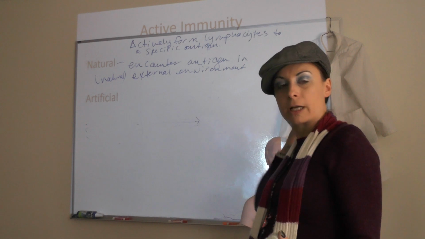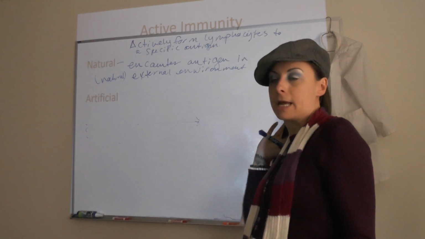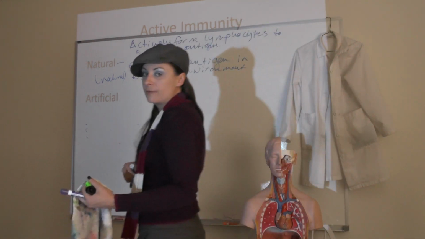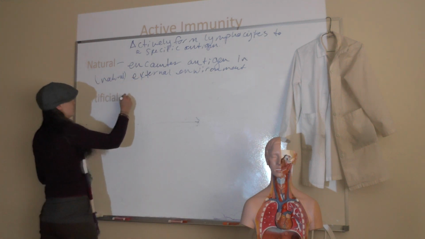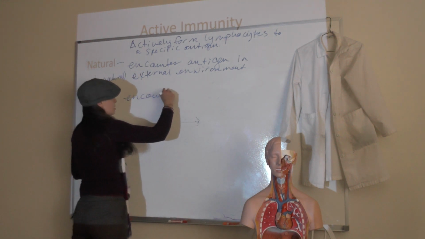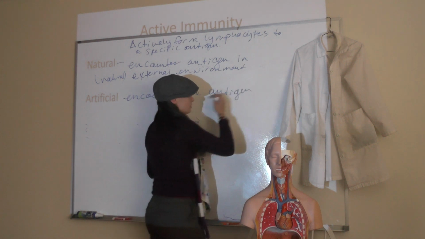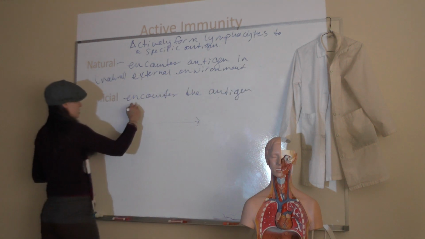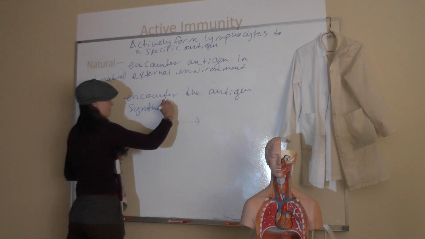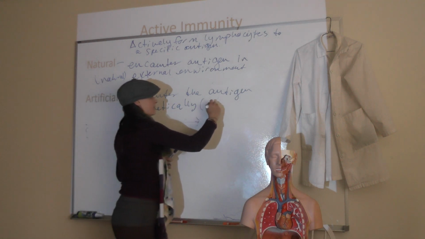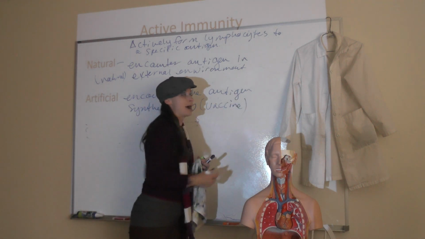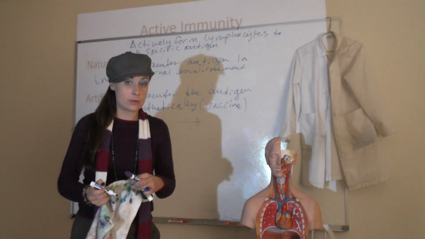The means of your exposure is synthetic. You're artificially being exposed to this pathogen. So that's what vaccines are doing. So you encounter the antigen synthetically. So this is like a vaccine for your flu shot. We're working on the COVID vaccine right now.